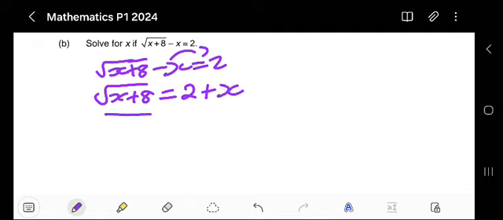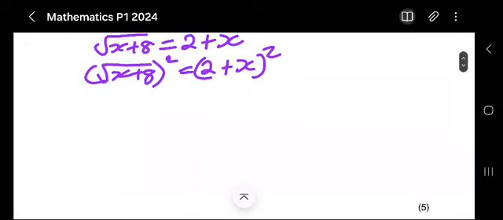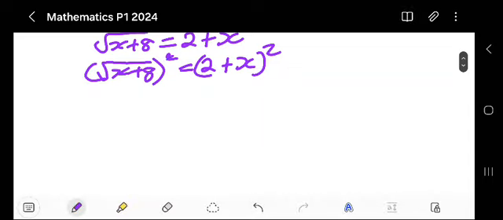But then also, how can you get rid of the square root? It's a matter of squaring, but remember the laws of maths. What you do on the left hand side, you must also do on the right hand side. We'll square both sides. Then we know the square and the square root will cancel. We'll be left with x plus 8.